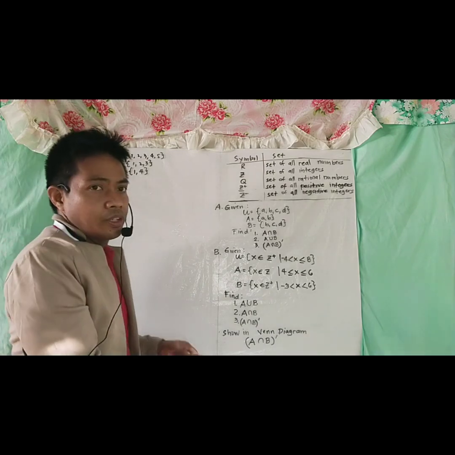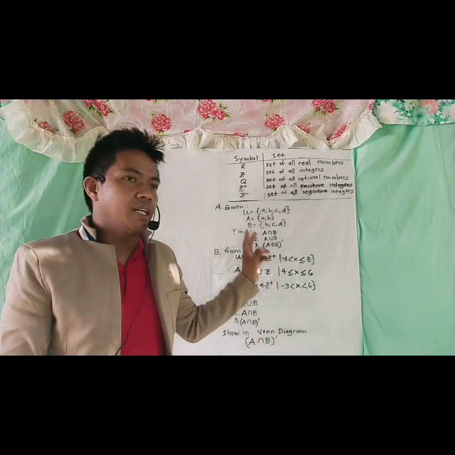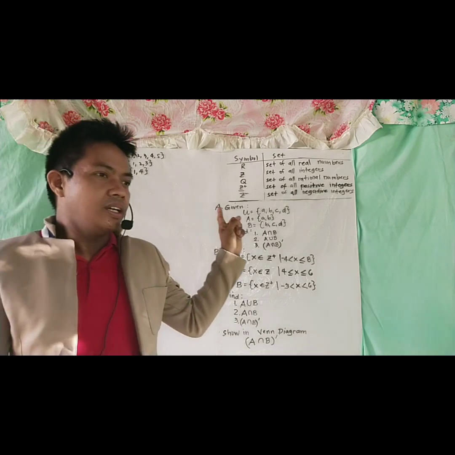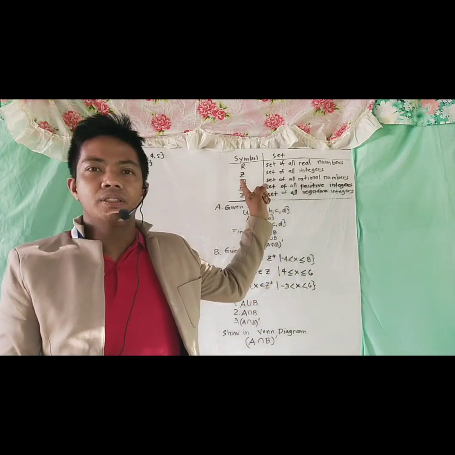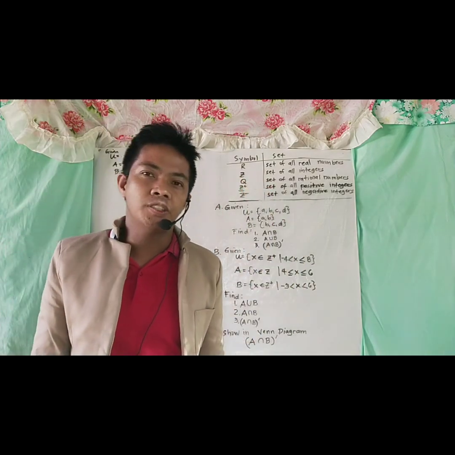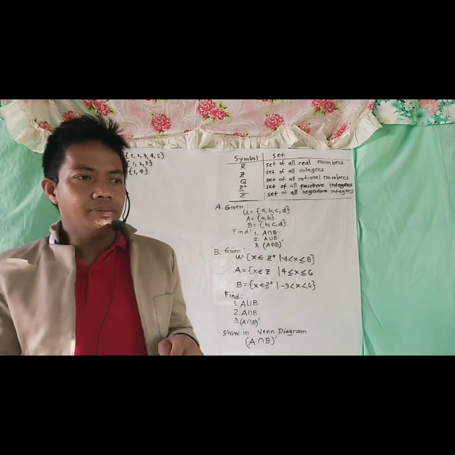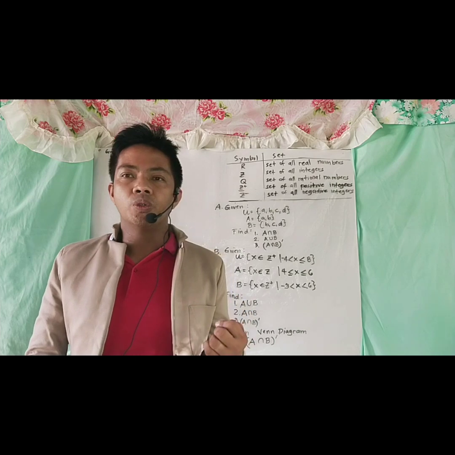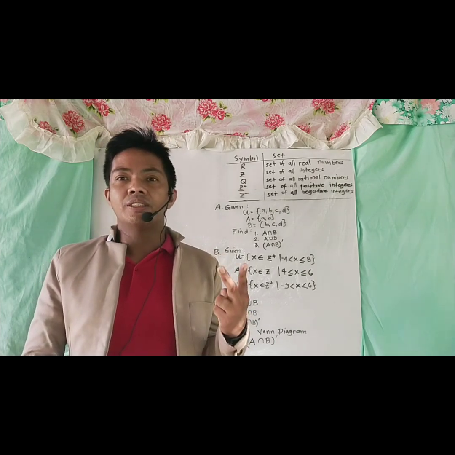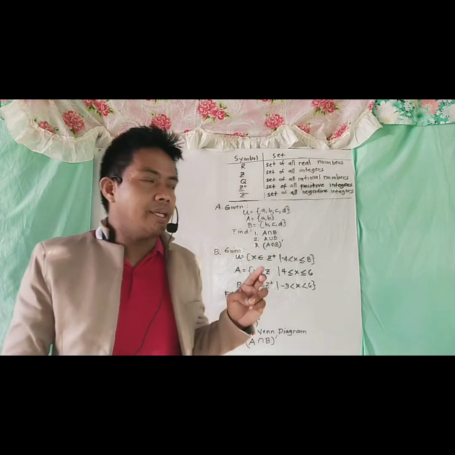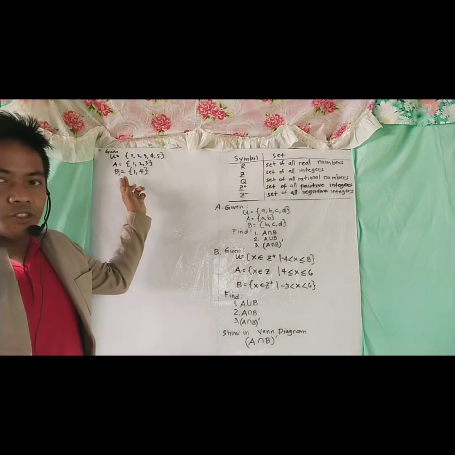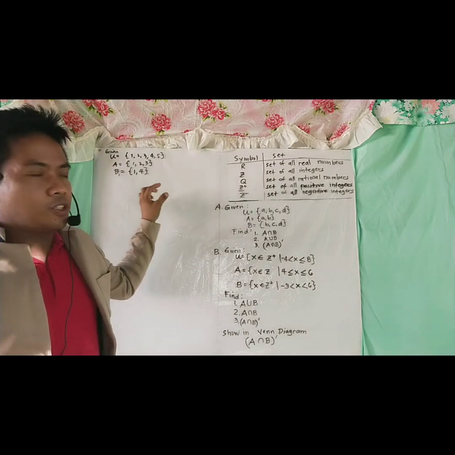So how are we going now to look for the intersection of these two sets? When we say intersection of two sets, the elements are common to both of the two given sets. Elements of A and elements of B. The commonality of these two sets.